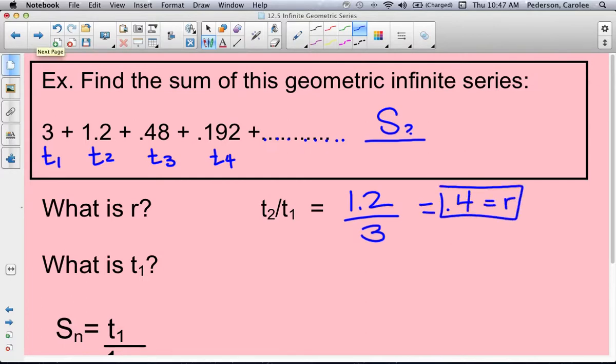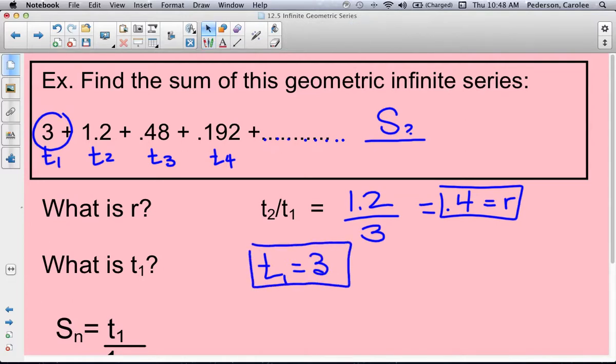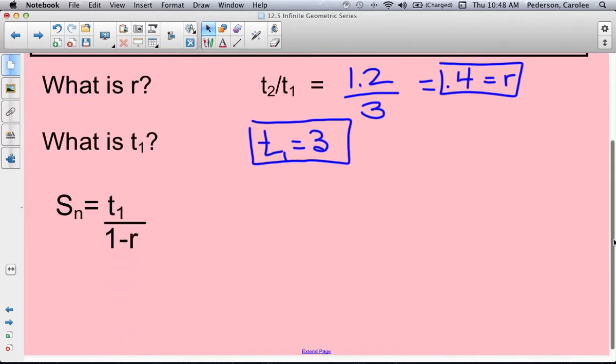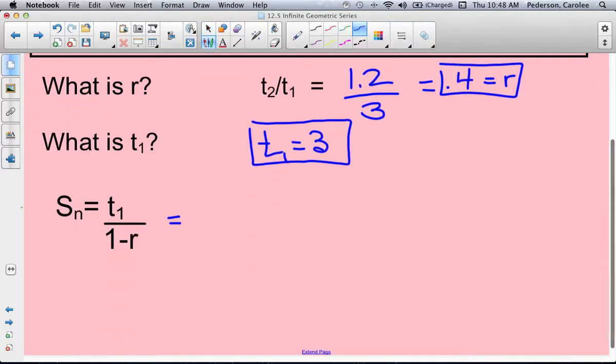The other thing is identify the term 1. Term 1 is 3. Now we're going to put these two pieces into the sum formula. So term 1 is 3. The common ratio is 0.4.